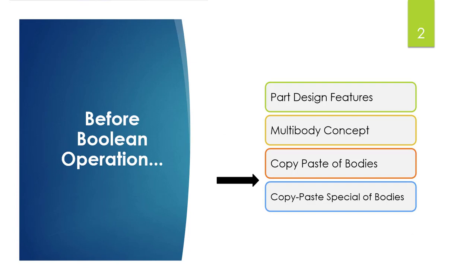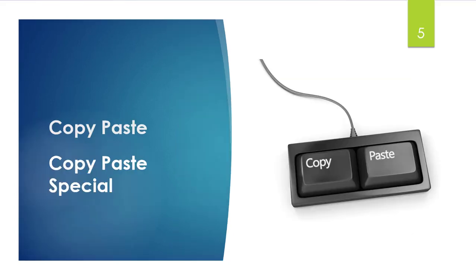Whenever we have to use the Boolean operation, a particular body can be needed multiple times. So we prefer to keep that body as copied. For that we have two options in CATIA V5: copy paste and copy paste special. We will have a look at those two.